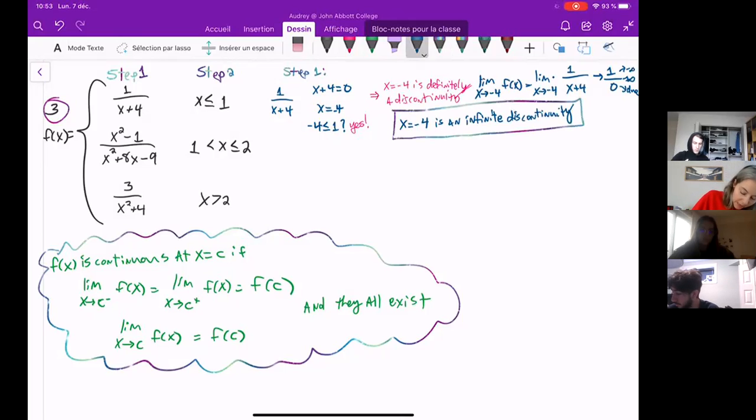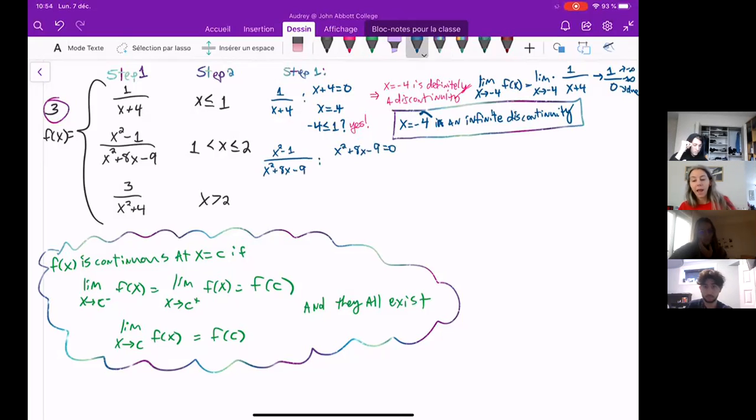So then I'm going to move on to my next function, x² - 1 over x² + 8x - 9. So then I'm setting x² + 8x - 9 equal to 0. And remember, does it make sense for me to bring 9 to the right side to solve this? No. What do I do instead?